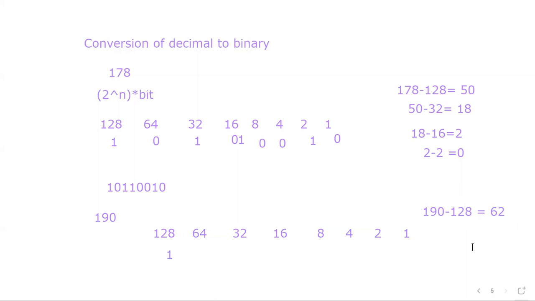Then where 62 comes, between 64 and 32. So subtract 32 from 62. What will come? 30. So I put 0 on 64 and 1 on 32.